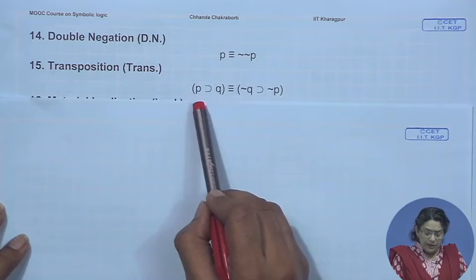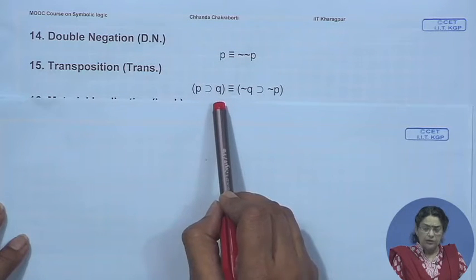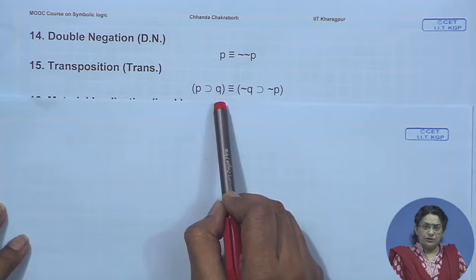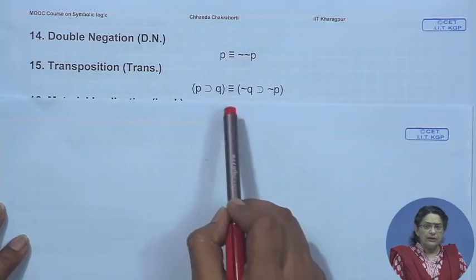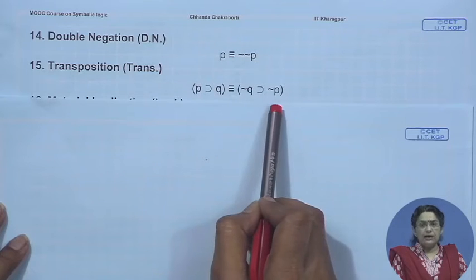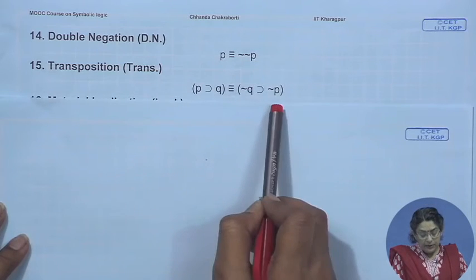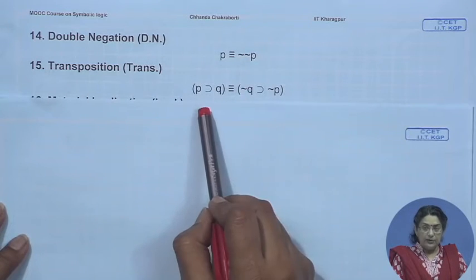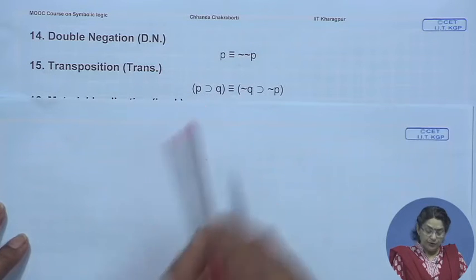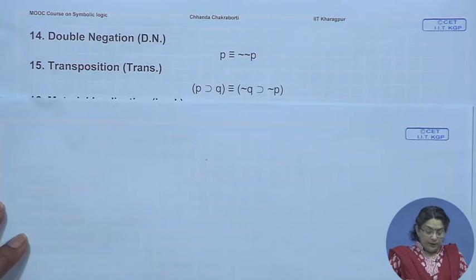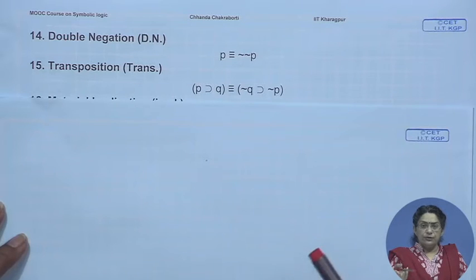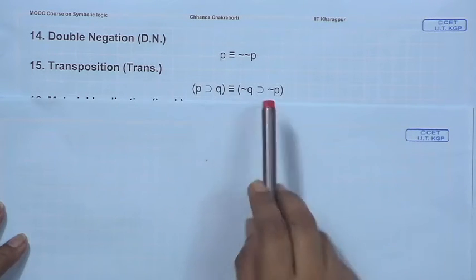Why? Because here we said that p is a sufficient condition and q is a necessary condition. So, if q does not happen, then p does not happen. This is exactly what we have said. Similarly, when you have an expression like this, you can rewrite it as p horseshoe q. So, there you are. This is the transposition rule, which allows you to swap the position and attach a tilde to the components.